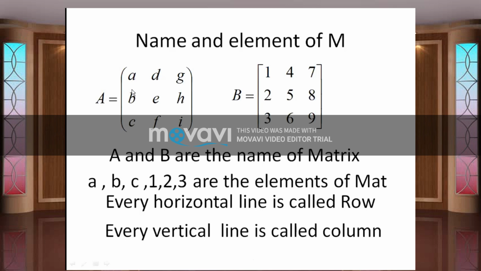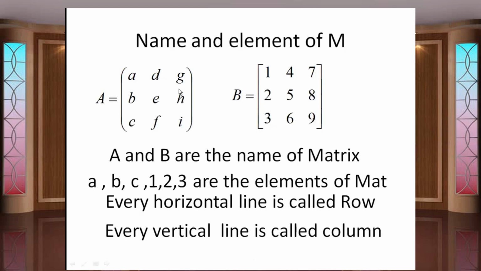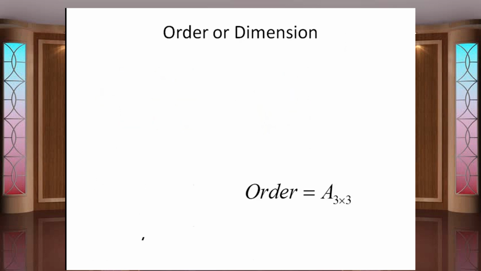Okay, so how many rows in matrix A? 3 rows. And A, B, C or D, E, F or G, H, they are 3 columns. Okay, now we are going to learn order or dimension of a matrix.